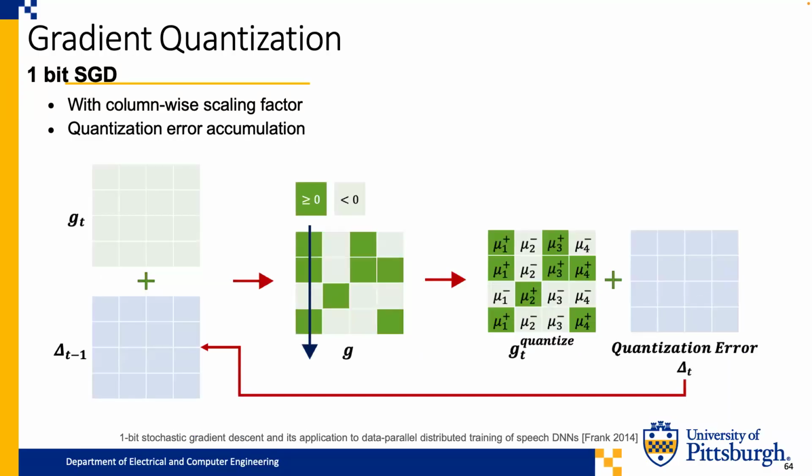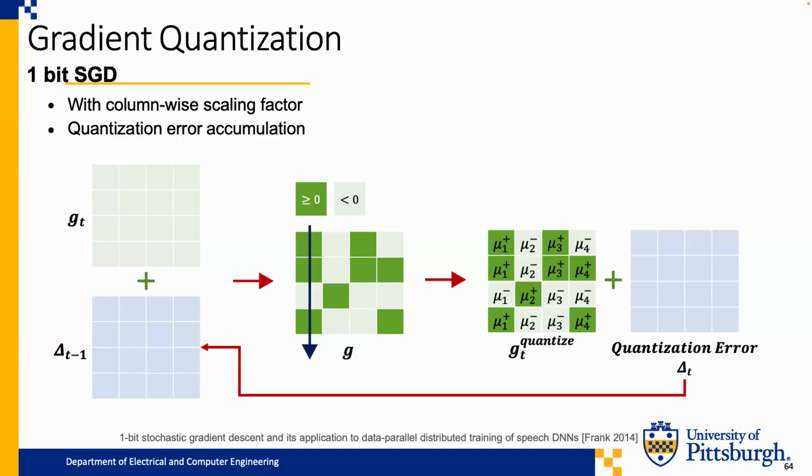How it works is like this: for the whole gradient, if it's greater than 0, then it's quantized into a binary value, and you have some quantization error, and the quantization error is going to be kept in the local buffer.